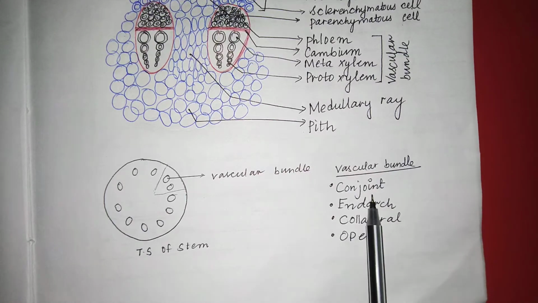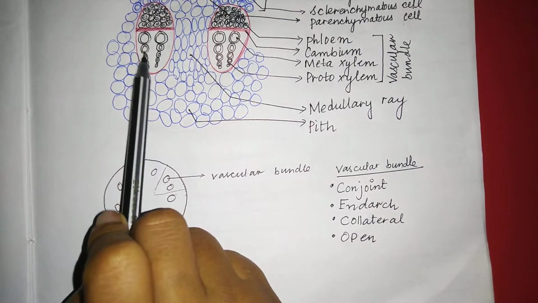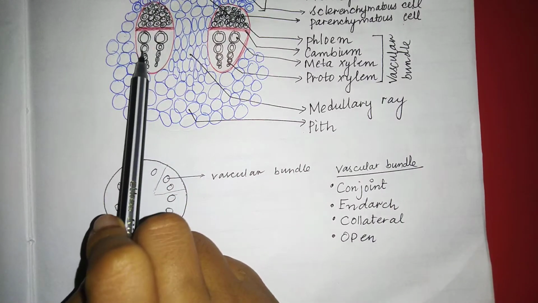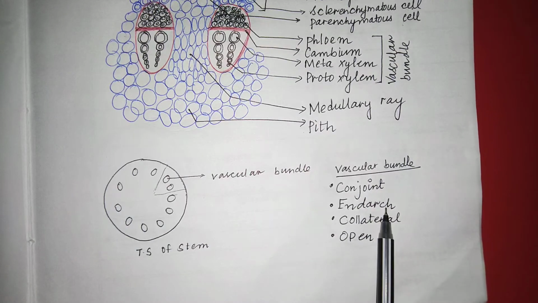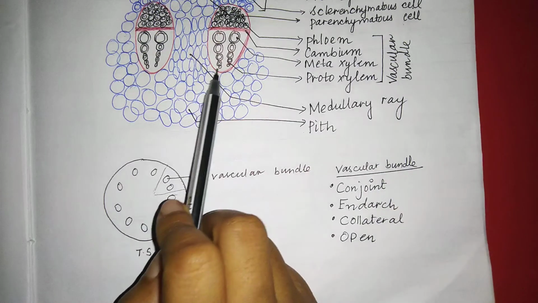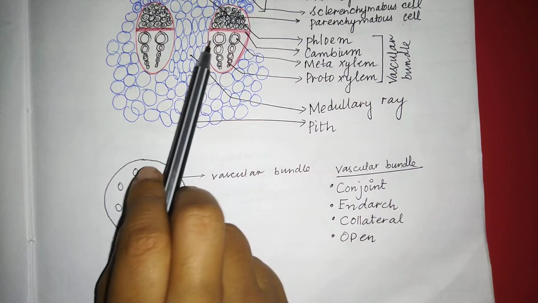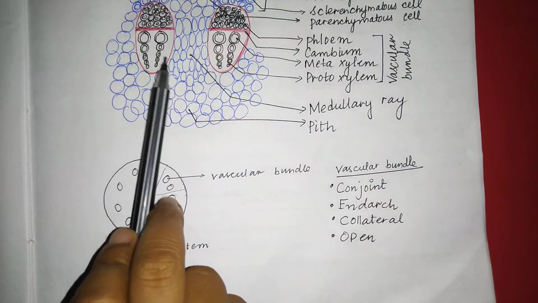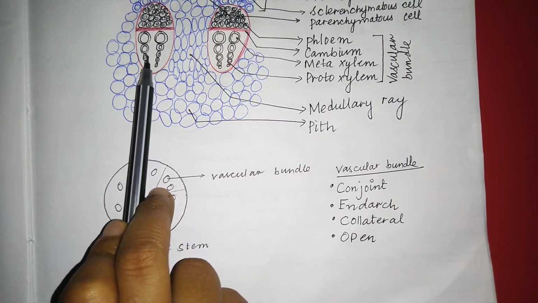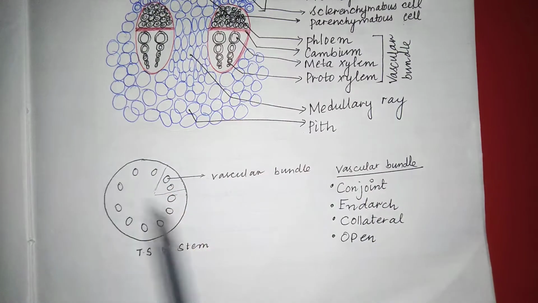Vascular bundles are conjoint means xylem and phloem are present at the same radius. Here xylem and phloem are present at the same radius. Vascular bundles are in endarch condition means protoxylem is present towards the inner side and the metaxylem is present towards the outer side. Vascular bundles are collateral means phloem is present towards the outer side and the xylem is present towards the inner side.